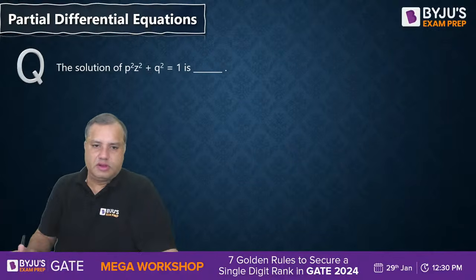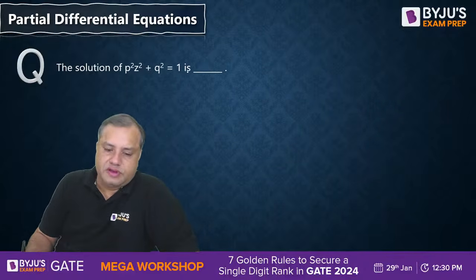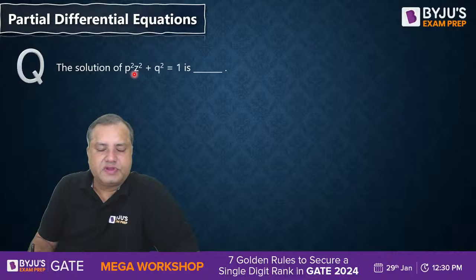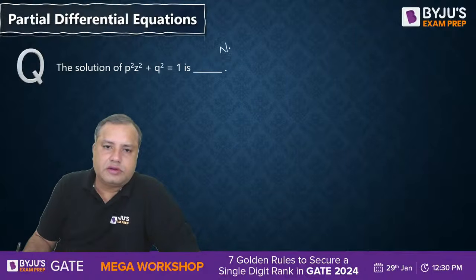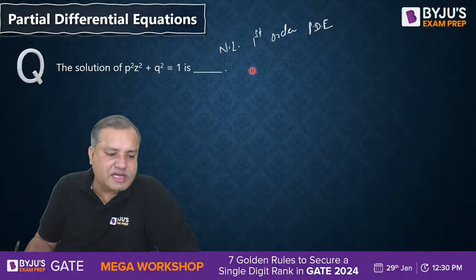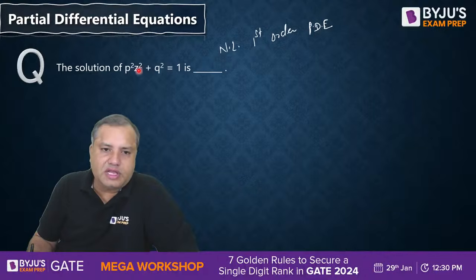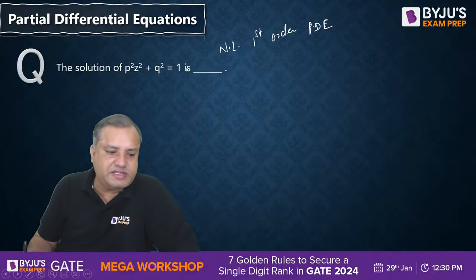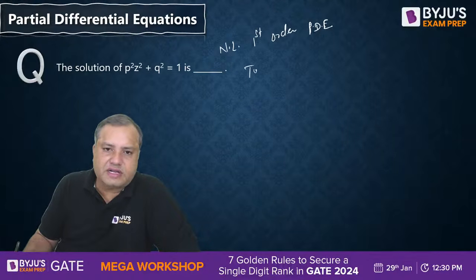Now, this equation is containing P and Q, but the degree of P and Q is other than 1. So this is a non-linear first order P.D.E. As far as the parameters are concerned, only 3 parameters are there, P, Q and Z. So this is again type 2.